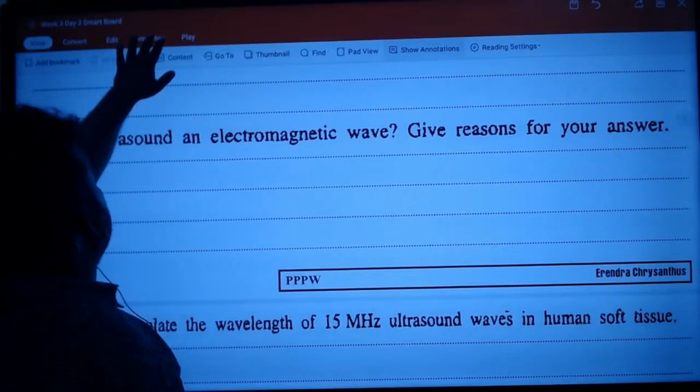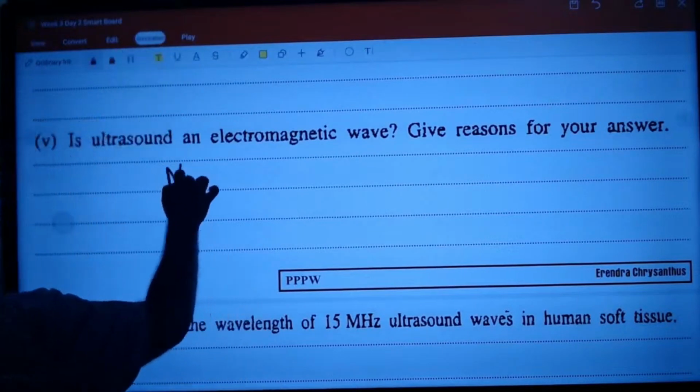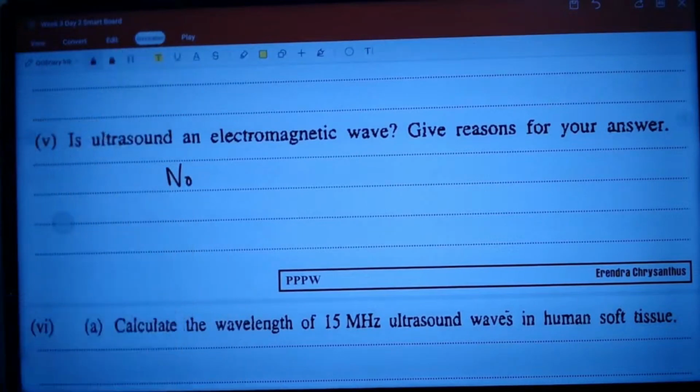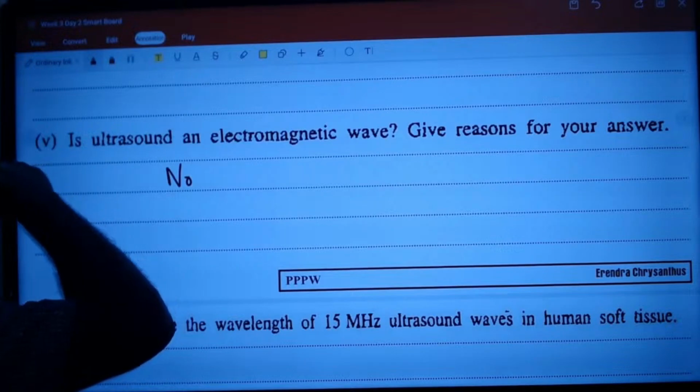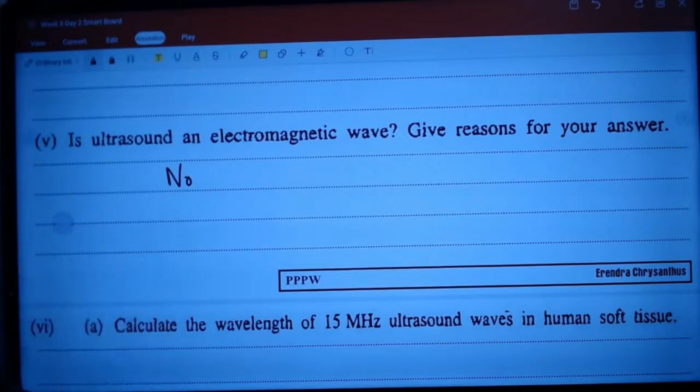The answer is no. Ultrasound can't be electromagnetic. Why? It is a longitudinal wave.